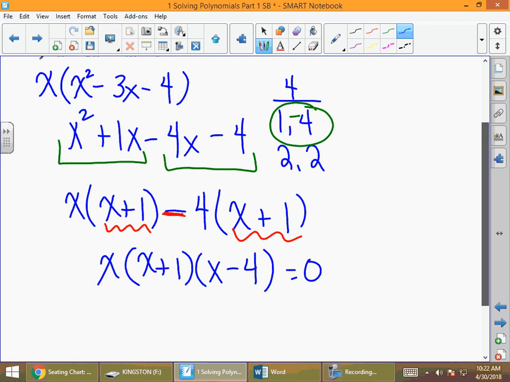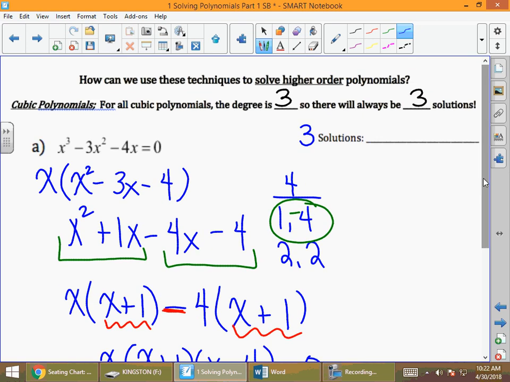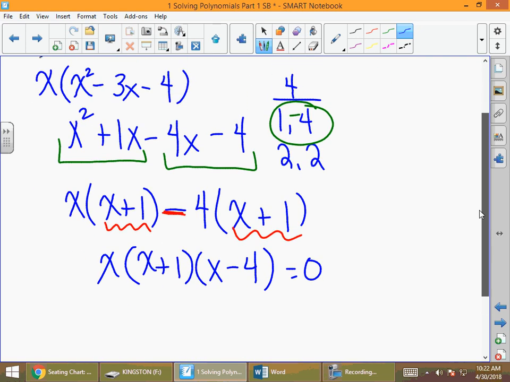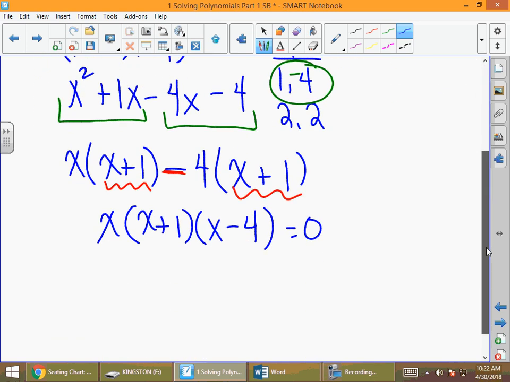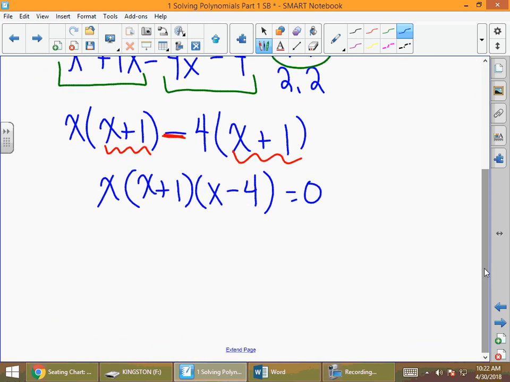And once again, there's some of you who can go from here and say the answers are x equals 0, or x equals negative 1, or x equals 4. But if you're not one of those people, that's okay. All that we do, we take x and we set it equal to 0. We take x plus 1 and we set it equal to 0. We take x minus 4 and set it equal to 0.